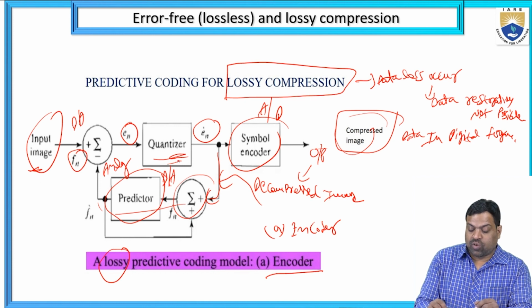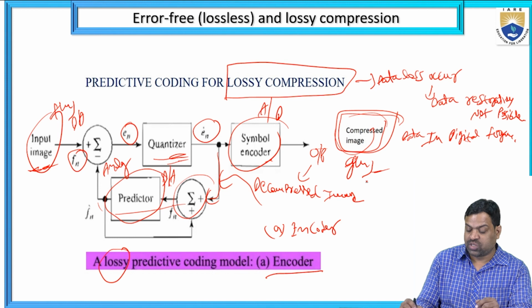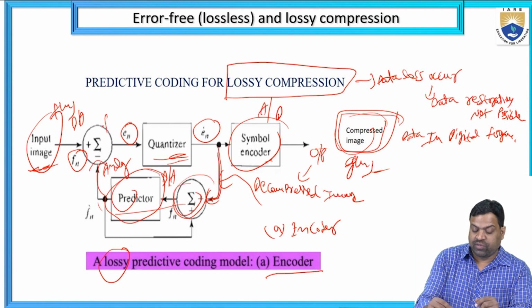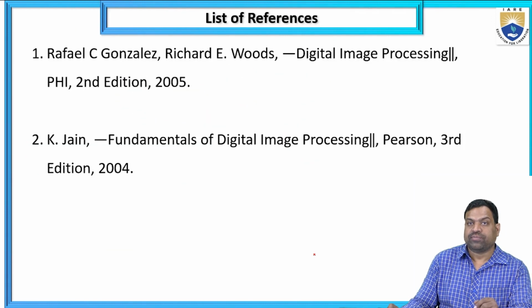So input image, quantizer, symbol encoder, and output is a compressed image. That is g of n. So f of n equals g of n, input image, compressed image. So when you go to the g of n predictor, it is f dash of n. So it is a lossy predictive coding encoder.